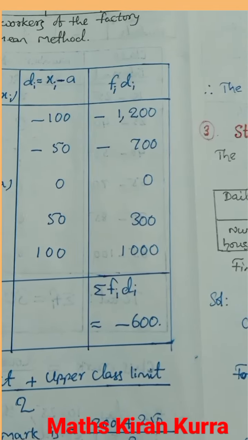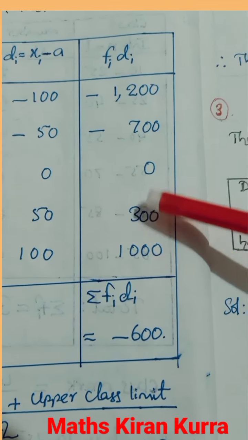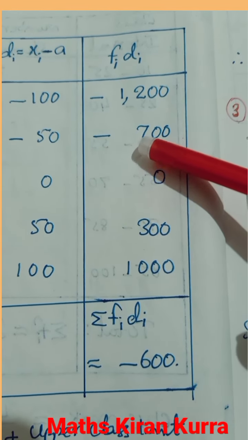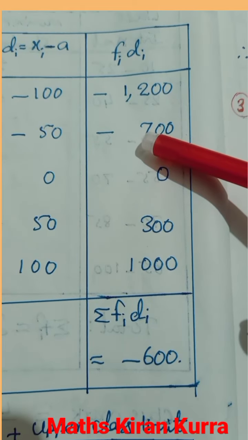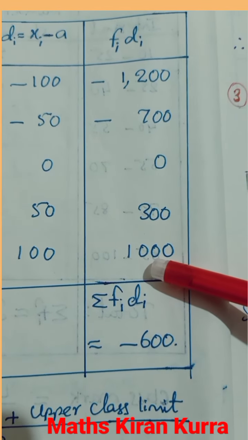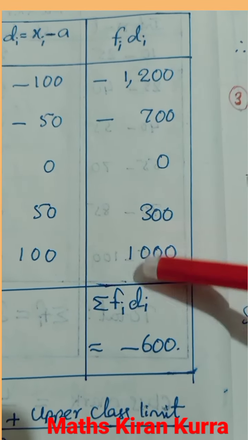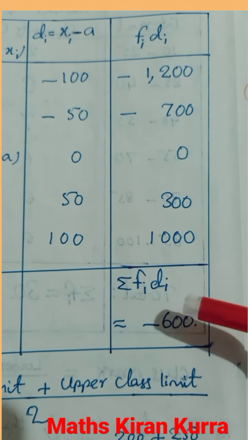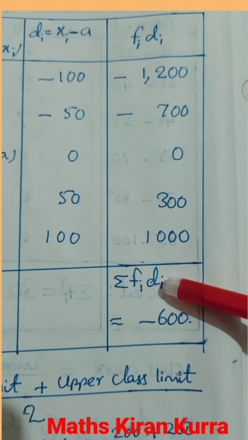Now the total: minus 1200 plus minus 700 gives minus 1900. 300 plus 1000 is 1300. So the total finally is minus 600. It is sigma fi di.